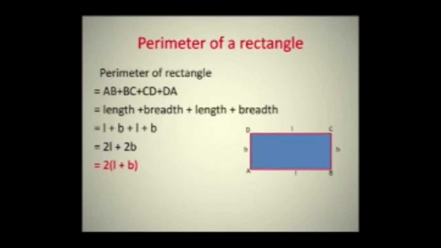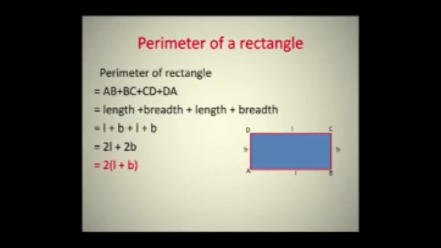Perimeter of a rectangle. Perimeter of a rectangle is equal to the sum of lengths of all its sides because a rectangle is also a closed figure. Therefore, AB plus BC plus CD plus DA. AB is the length of a rectangle, BC is the breadth of a rectangle, again CD is length and DA is breadth.